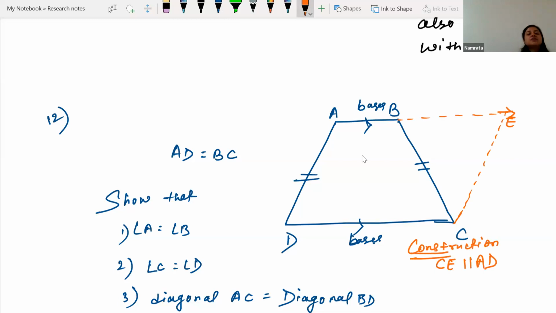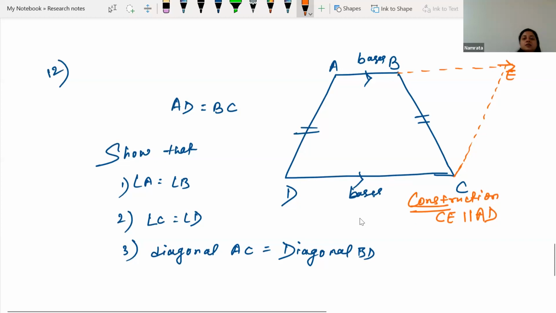This construction we have done by ourselves to prove whatever is asked in the question. Now CE and AD are parallel with each other. That's what we have drawn.